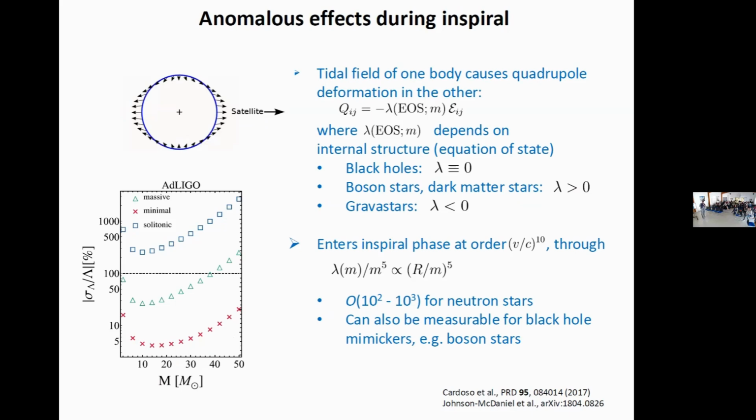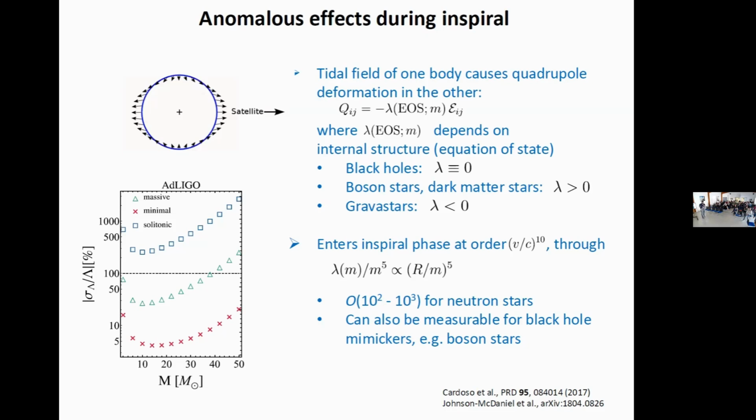This induced quadrupole moment is proportional to the tidal field of the companion, and the proportionality constant lambda is a function of the equation of state, the internal structure of the object, and the mass. Now, to the approximations made here, black holes will have a tidal deformability lambda of identically 0. Boson stars and dark matter stars will have a positive tidal deformability, and gravastars will have a negative one.